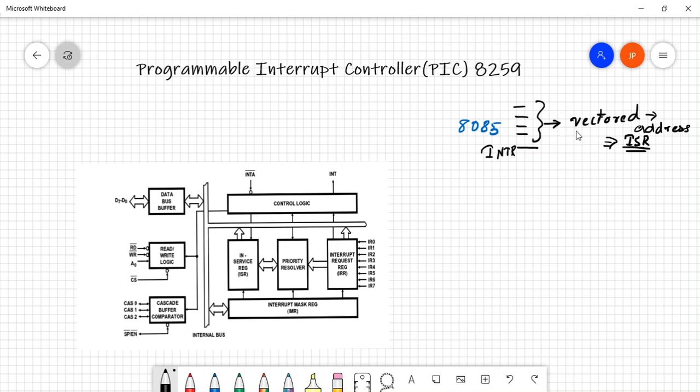Since a vectored interrupt has a specific address, you can connect only one device to each of these interrupting pins, right? You can connect only one device because the address is fixed. You can't write two programs at the same address.